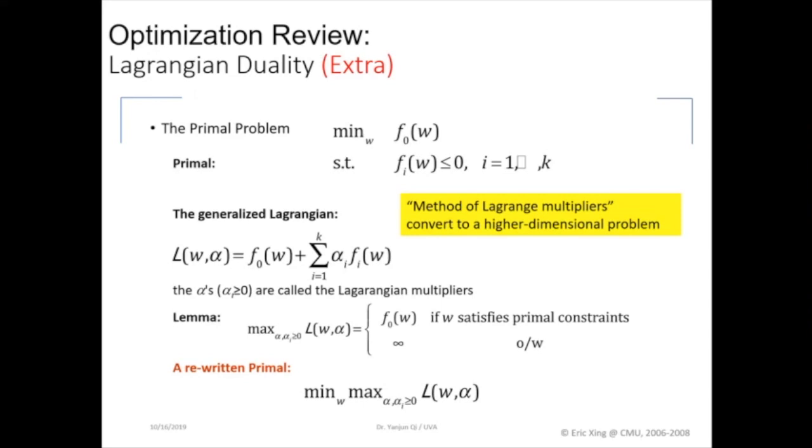So this Lagrangian really converts the previous problem with only W into a problem with both W and alpha. And now my problem actually has 2 sets of variables to look for. And how do I formulate it? Actually, you can prove it.